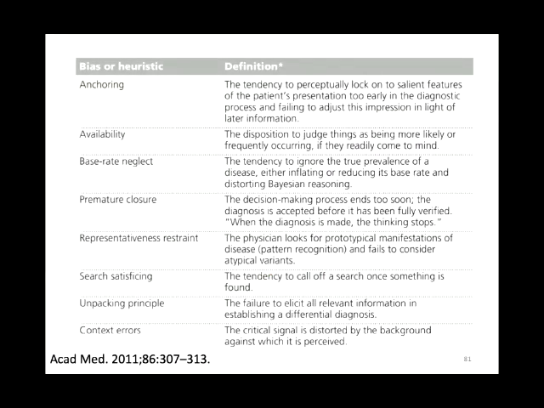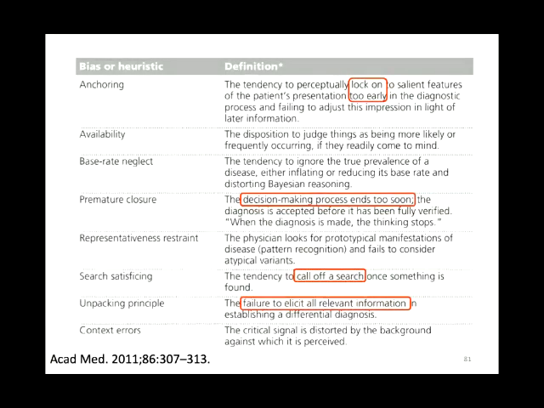This is a table from Academic Medicine 2011. It's not an exhaustive list of biases, and in fact, there have been over 100 biases that have been described. But I wanted to focus on the red rectangles there, common denominators. So anchoring is a bias, and that's a tendency to lock on to a diagnosis too early.